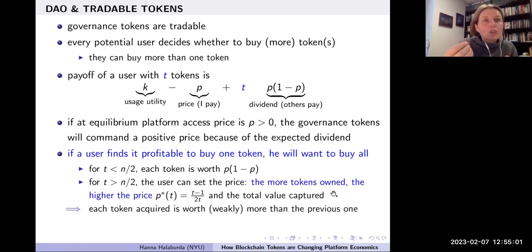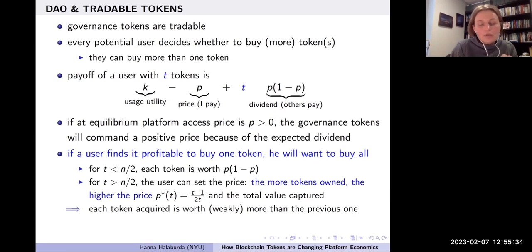That means you are willing to pay not only more for the next token, but the tokens that you already have are going to give you a higher dividend for every token that you already own. Together, that means each token acquired is worth weakly more than the previous one, and everybody will want to buy all the tokens. Either they don't want to buy any tokens at a given price, or they want to buy all the tokens.